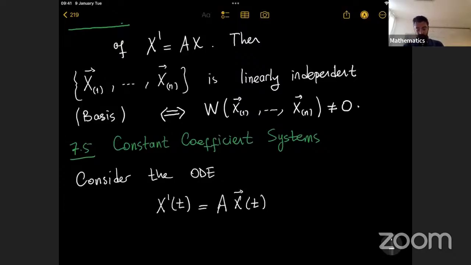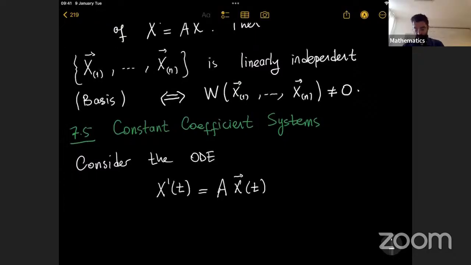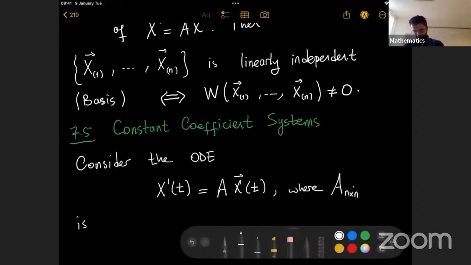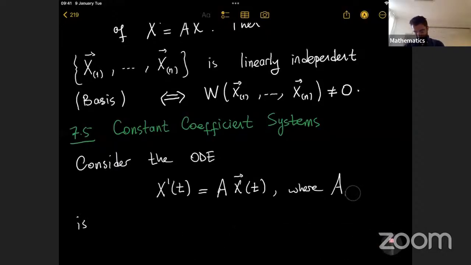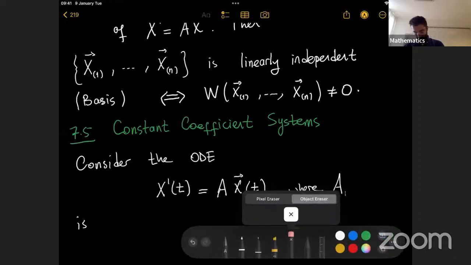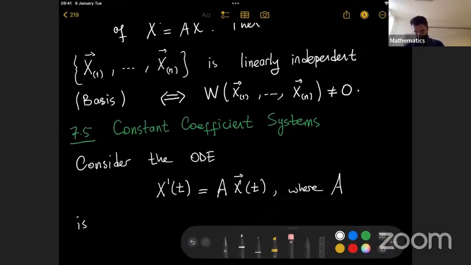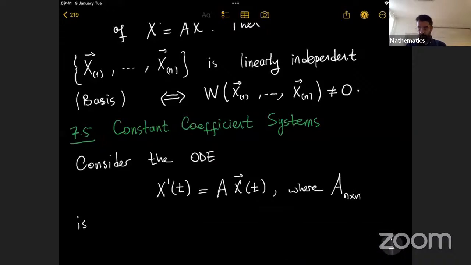Here, A, n by n, is a constant coefficient matrix.